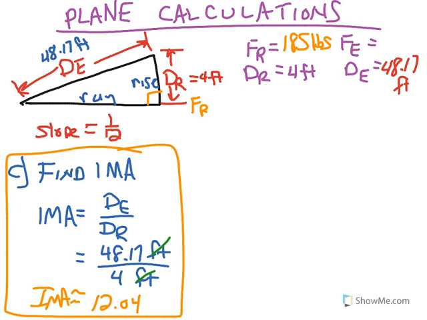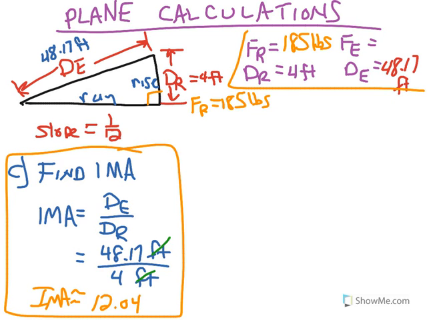Resistance force, 185. Once again, if a person in a wheelchair have a combined weight of 185 pounds, how much ideal effort force is required to travel up the ramp? It's asking us to find the effort.